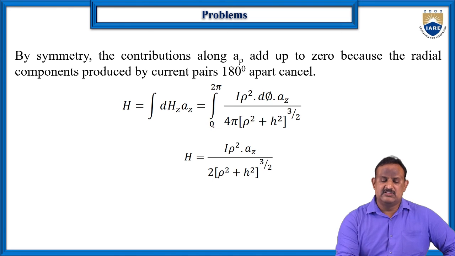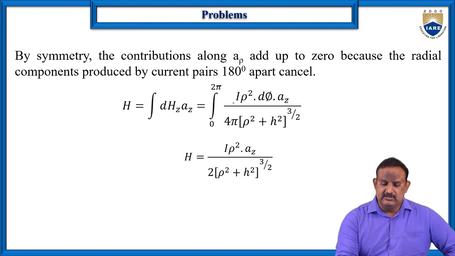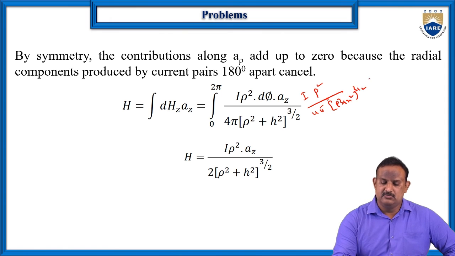We need to integrate the equation between 0 to 2 pi because we have d phi. Here I is common, so I rho square by 4 pi (rho square plus h square) whole power 3 by 2 into the integral of d phi between 0 to 2 pi. If you integrate this, we have 2 pi.